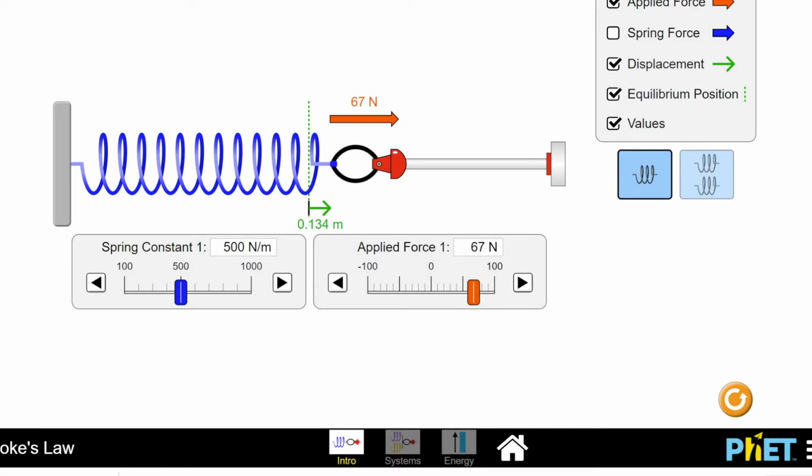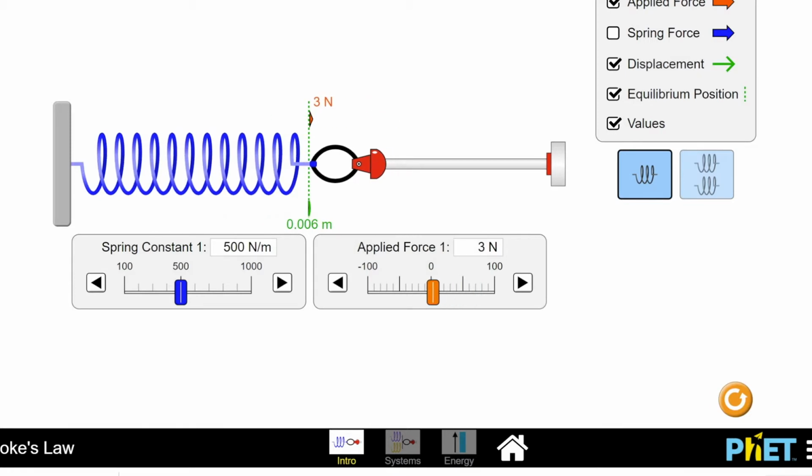If I take this back to 0, you can see now the displacement in green, that's what we'll call our extension, is 0.